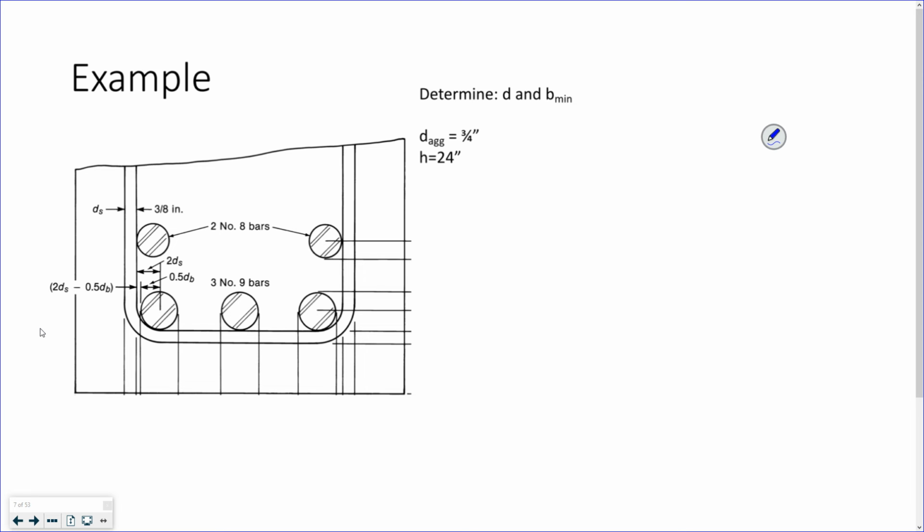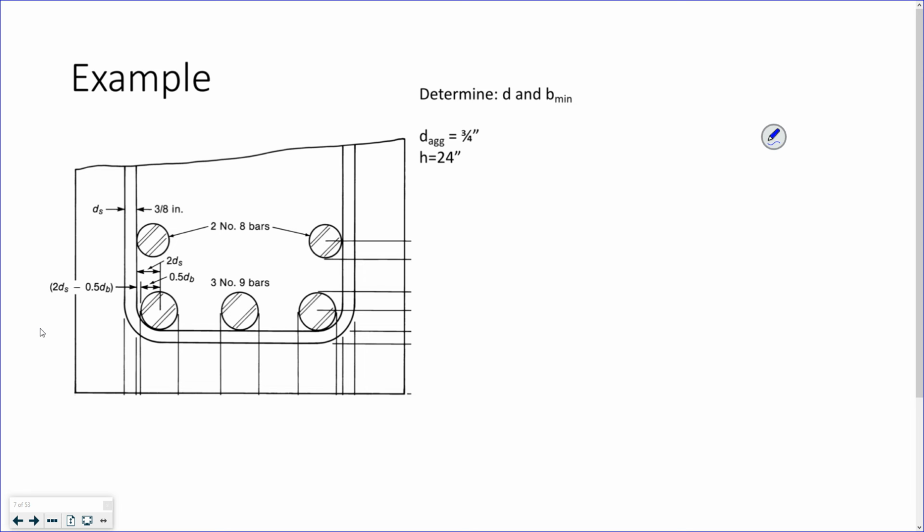So let's start with our minimum width. Let's assume this is just a beam. It's not cast against the ground.